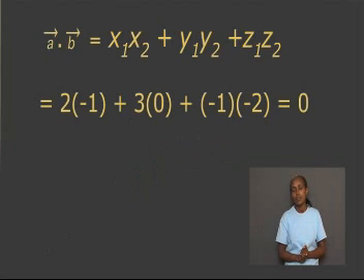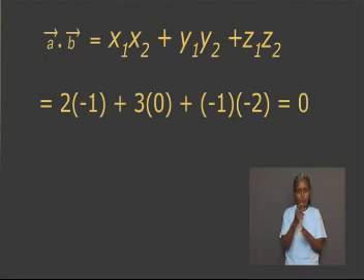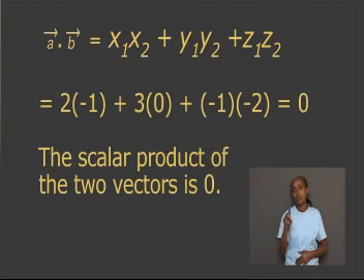When we substitute the appropriate values, we are left with the equation 2 times -1 plus 3 times 0 plus -1 times -2. The sum is 0.